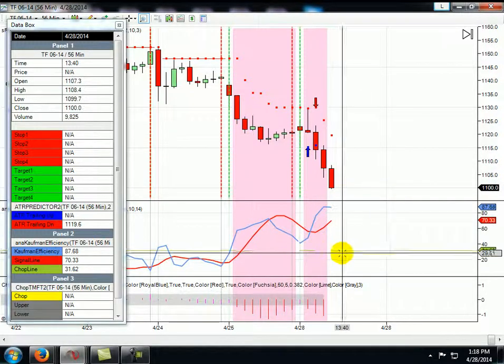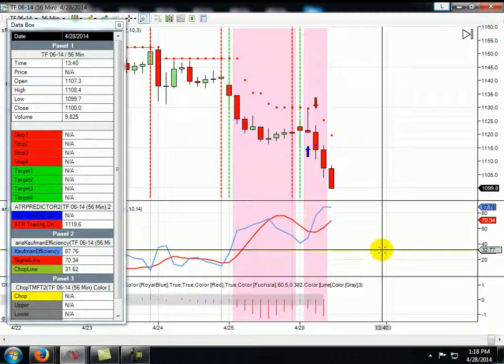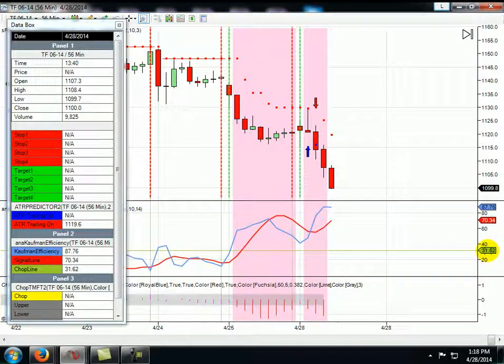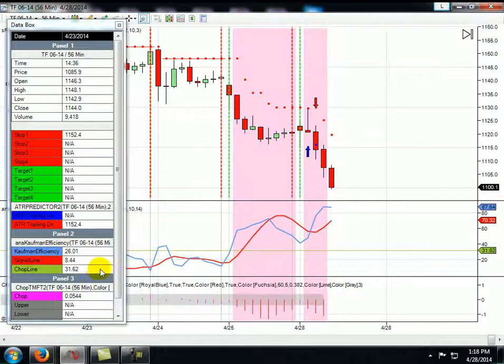The way this works is this has a built-in chop line here, and the high probability trades are going to be above this 31.62 number here. That's what this is, and you can see it's all color coded.